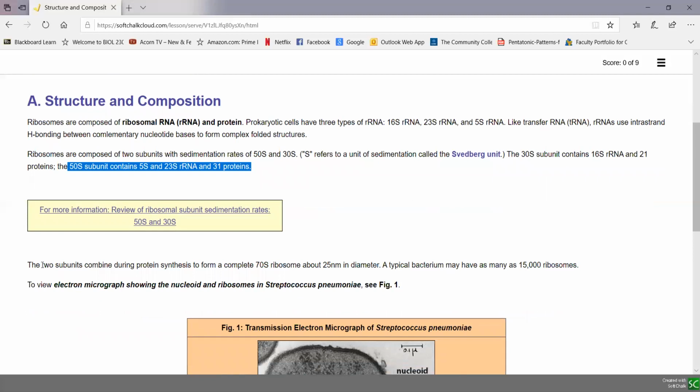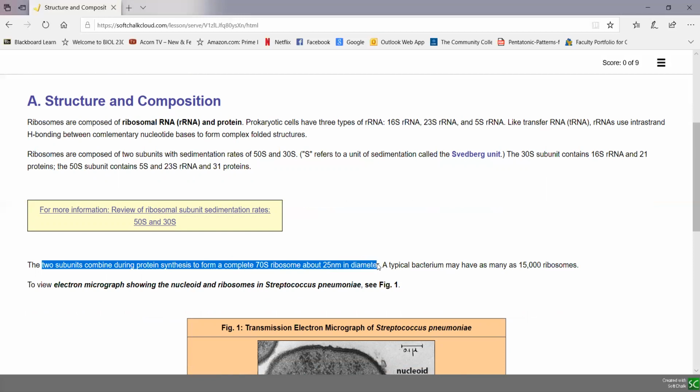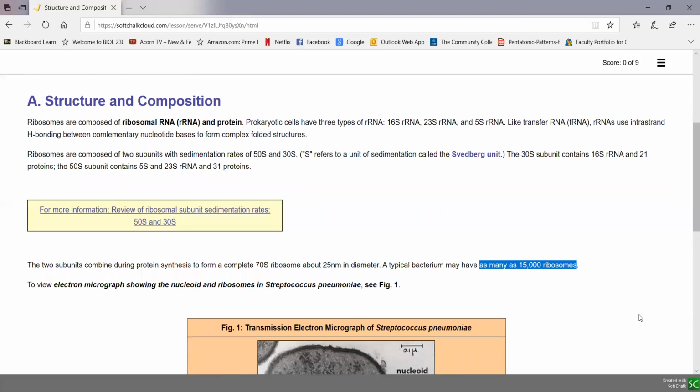And the two subunits come together during protein synthesis to form a 70S ribosome that's about 25 nanometers in diameter. Remember, a nanometer is a billionth of a meter. And a typical bacterium can have as many as 15,000 ribosomes.